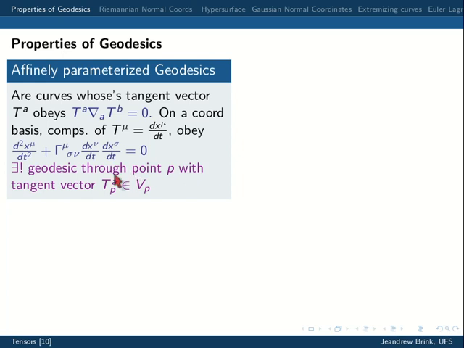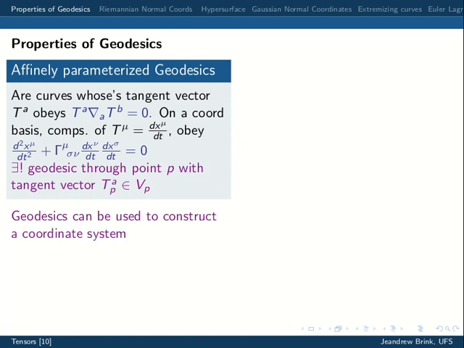And then furthermore, we had that through any point with a tangent vector in the tangent space, these geodesics exist, okay? And they are unique and they don't cross. And that follows exactly from ODE theory in ordinary R^n. Okay, so now they are exceedingly useful.